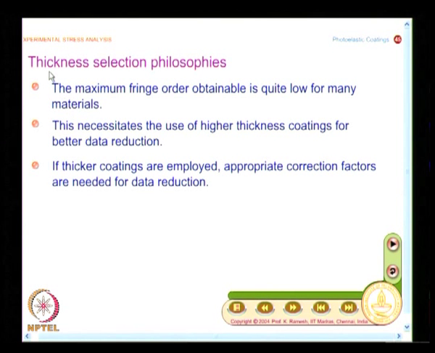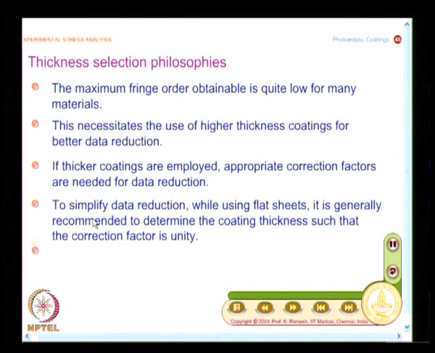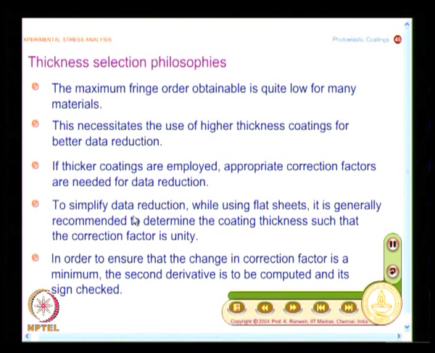So, you need thickness selection philosophies to address these issues. To simplify data reduction, as I have also mentioned earlier, while using flat sheets, it is generally recommended to determine the coating thickness such that the correction factor is unity.